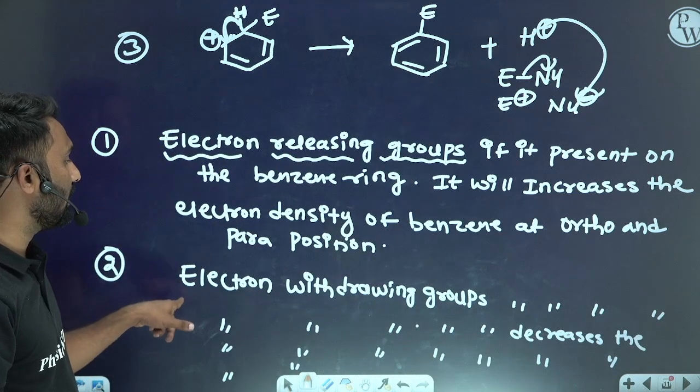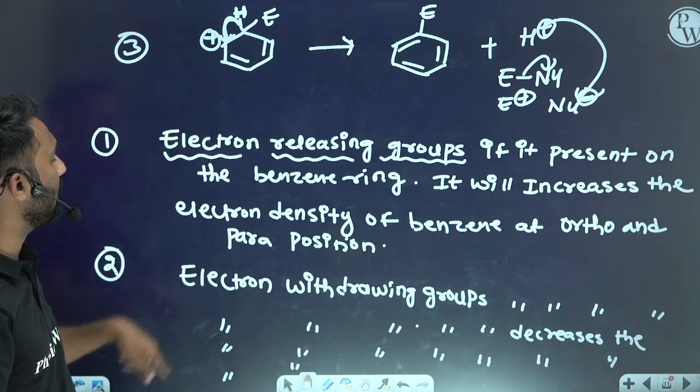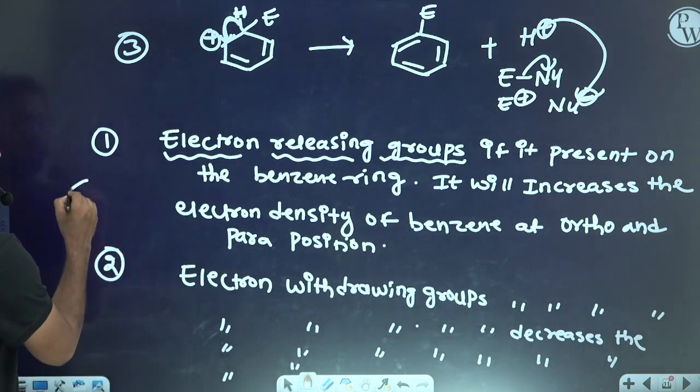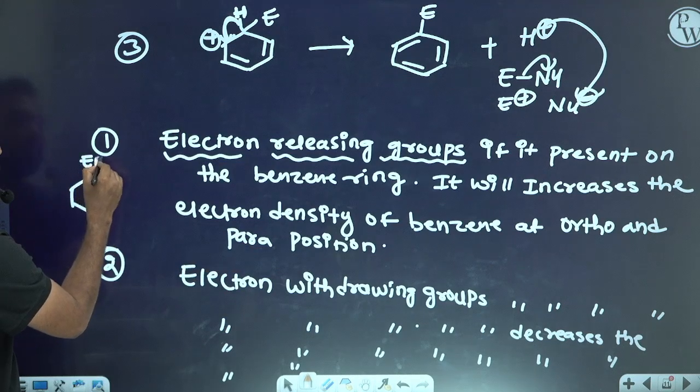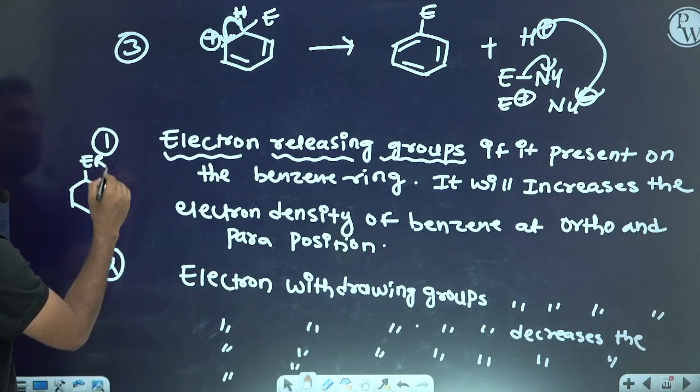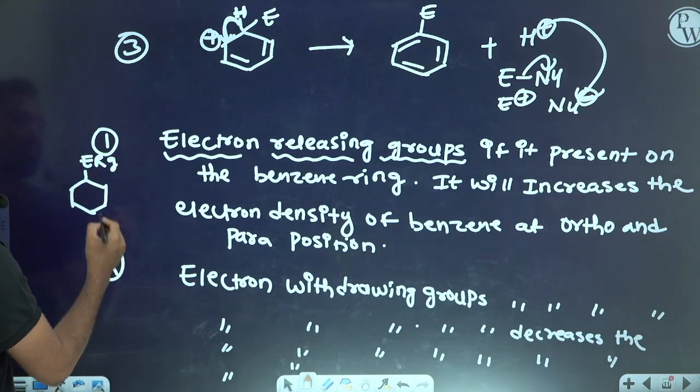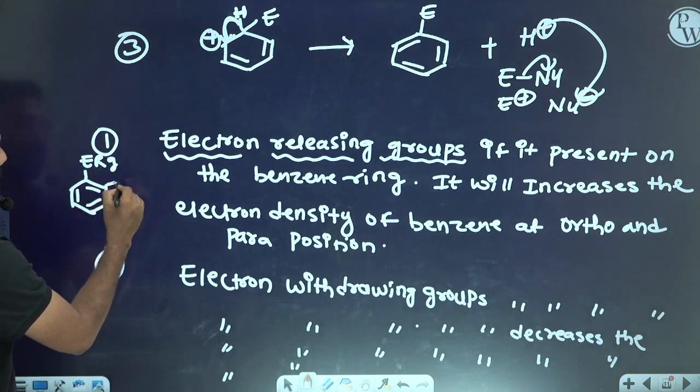Clear? Now if electron releasing groups are present on benzene, it will increase the electron density at the ortho position.